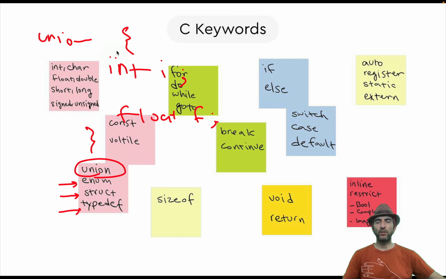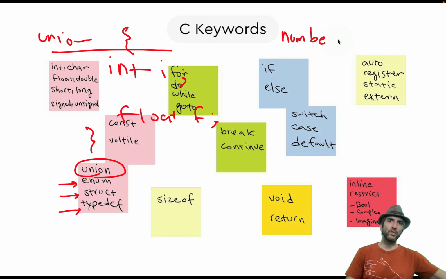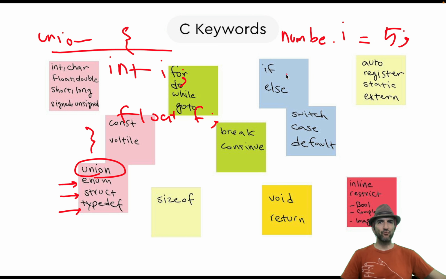But later, if you define a variable called number of this type you just defined, you can say number.i is 5. But if you add the code that says number.f is 12, you cannot get this 5 back anymore.